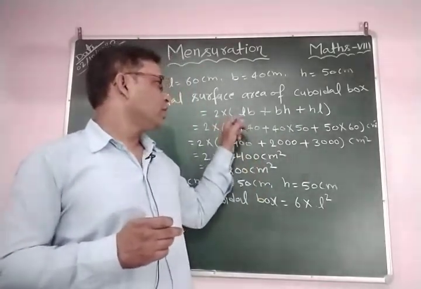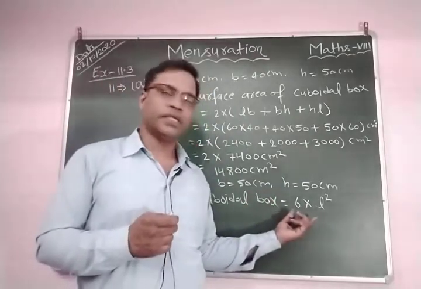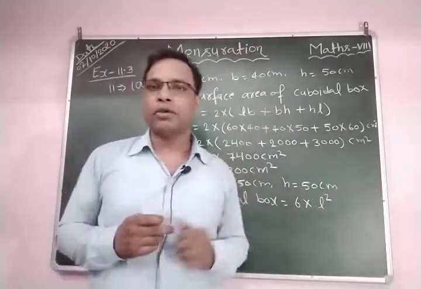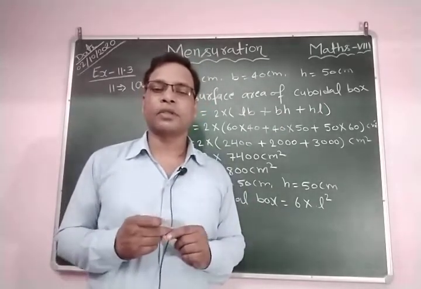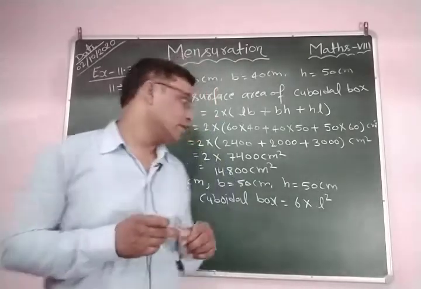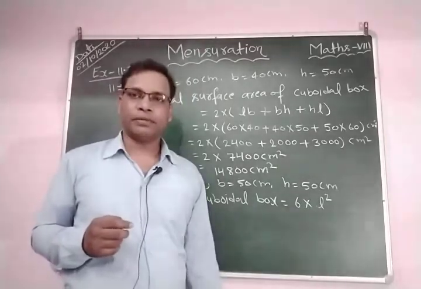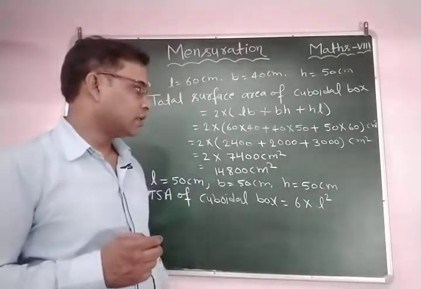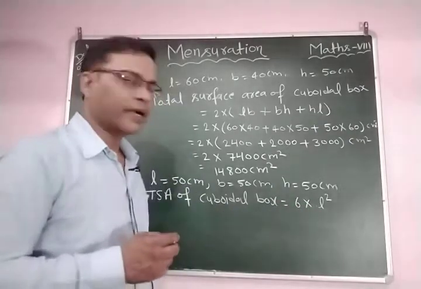So 3L square into 2 is equal to 6L square. So you can use this formula or that formula, and you obtain the same amount of area. Okay, so you use here 6 into the square of the side of the cubical box.